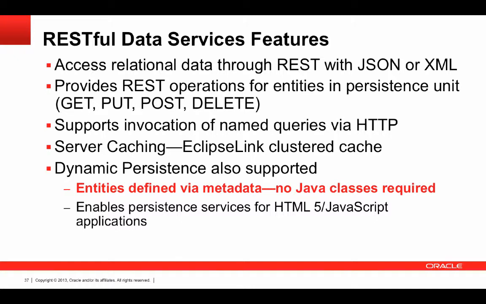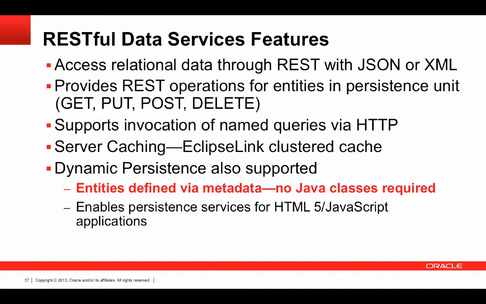The last major bullet on here deals with dynamic persistence. This is a relatively new feature we've introduced in the last couple of years for certain types of users who are building applications where they don't know the object model when they're constructing it, or the object model extends beyond those capabilities. We've introduced support for dealing with pure XML-based persistence units with no Java classes, and at runtime we'll construct the necessary Java classes.